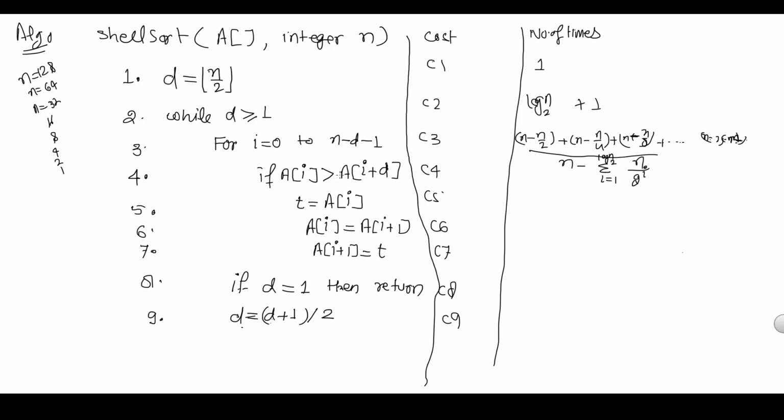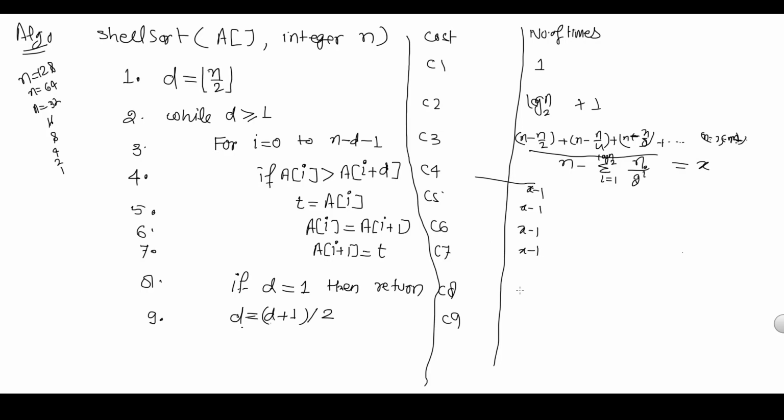Next, the if statement will execute, suppose this time is equal to x, so this will execute 1 less than this. So this will execute x minus 1 times. Suppose the condition is true for each case, as we are calculating for the worst case, so this will also execute x minus 1 times.